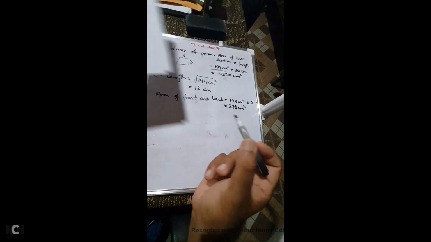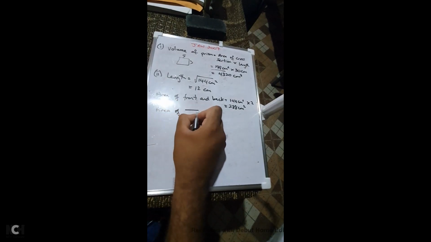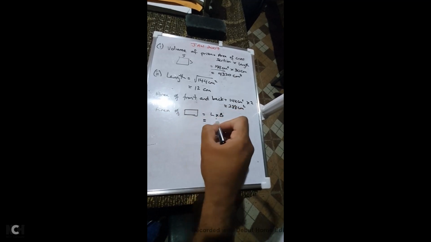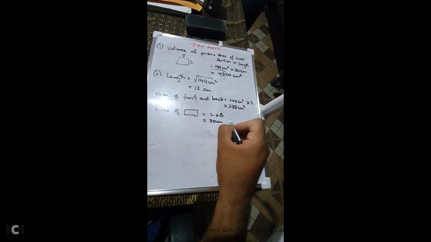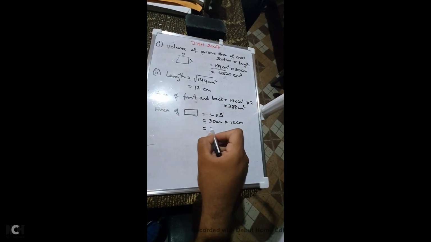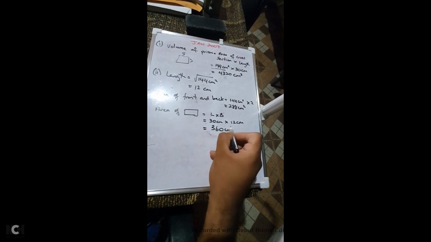So if this is 30 and this is 12, it's just 12 by 30 to find the area of this rectangle here. The area of a rectangle is equal to length by breadth, which is 30 centimeters by 12 centimeters, which will give us a total of, just a minute, 30 by 12, just double checking, yes, 360 centimeters squared.